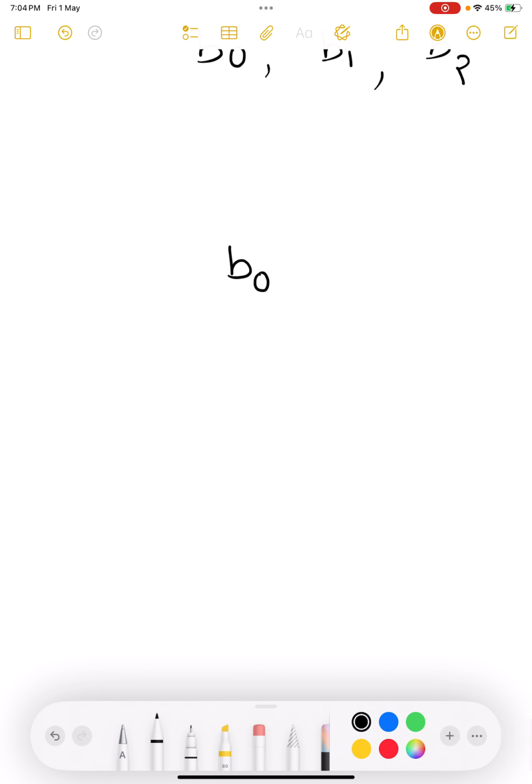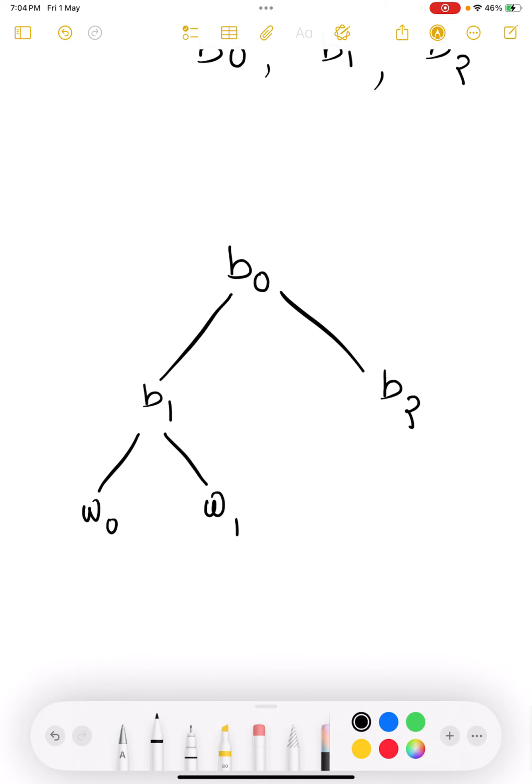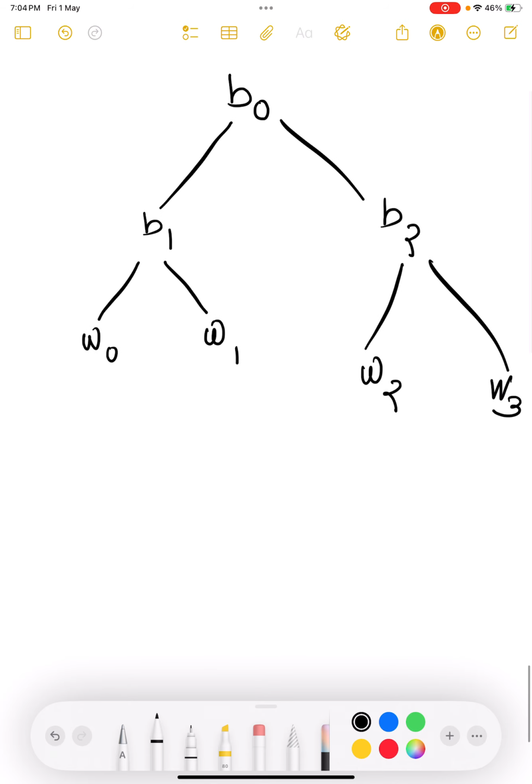Now B1 and B2 will be the next-level nodes, with B1 sitting on the left side and B2 on the right side. Then way 0 and way 1 will be the leaf nodes for B1, and way 2 and way 3 will be the leaf nodes for B2. You understood?